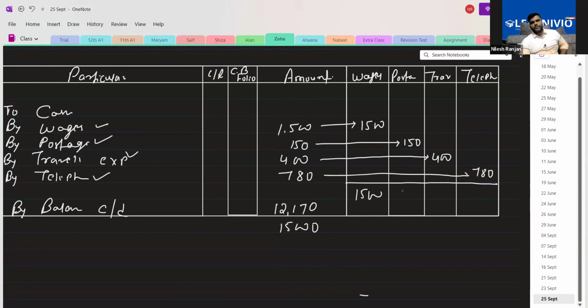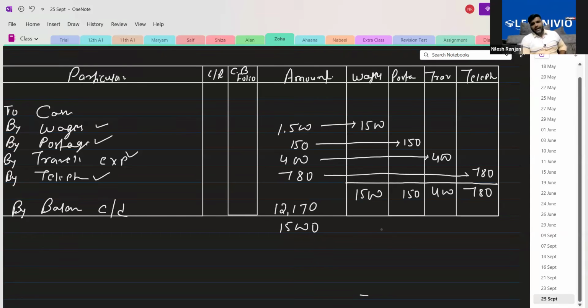So 1500, 150, 400, 780. It is called analytical petty cash book. So a simple petty cash book can be easily converted to an analytical petty cash book by creating a separate column for all the expenses. Okay, and you have to write the amount like this.